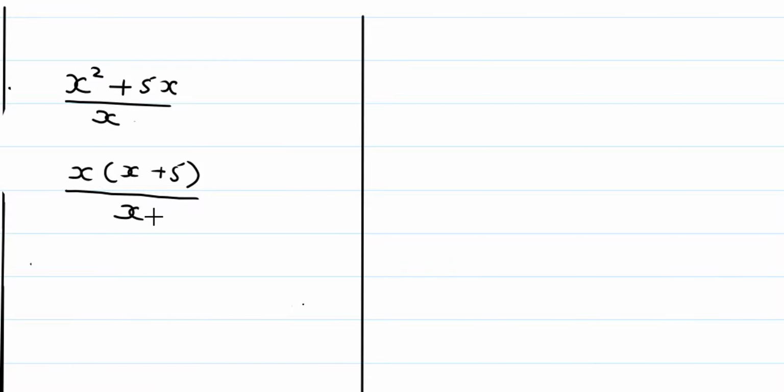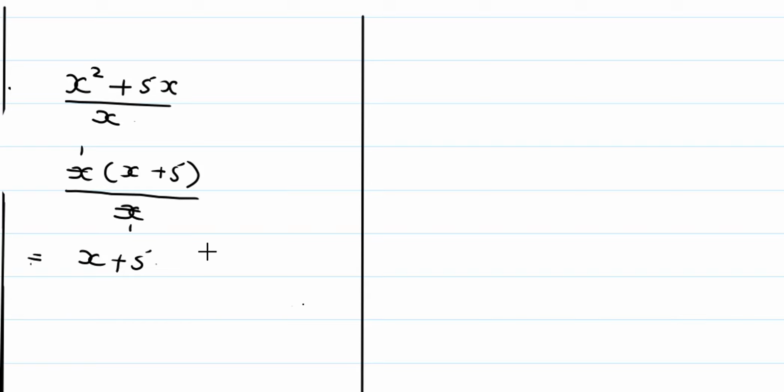Then you see we now have an x outside, which is a multiplication. So I can divide this x with the x in the denominator, and I remain with x plus 5.